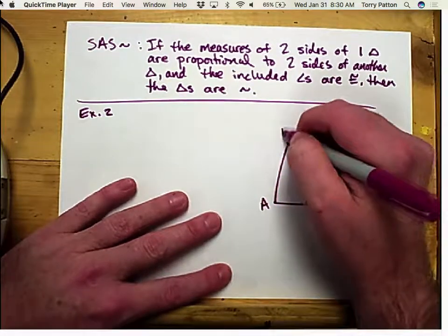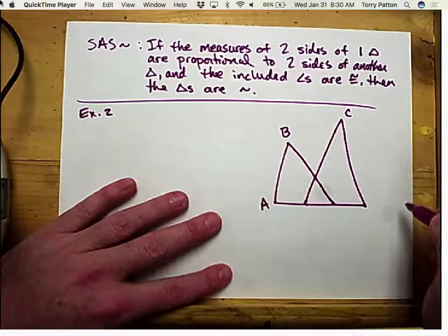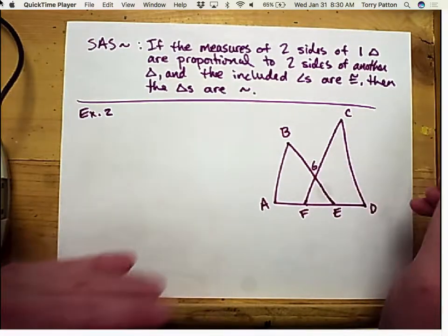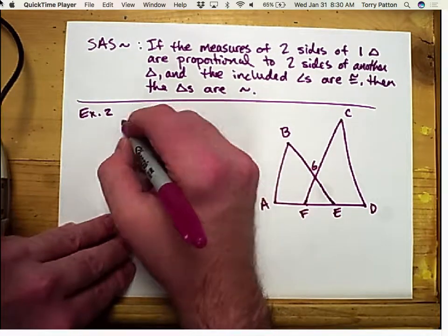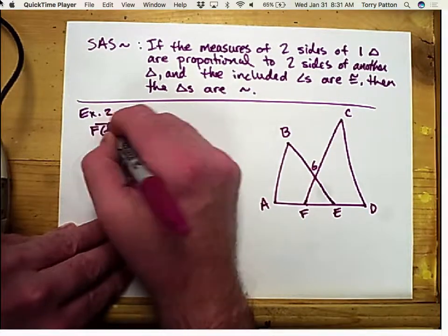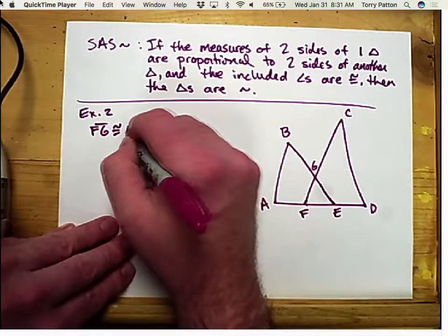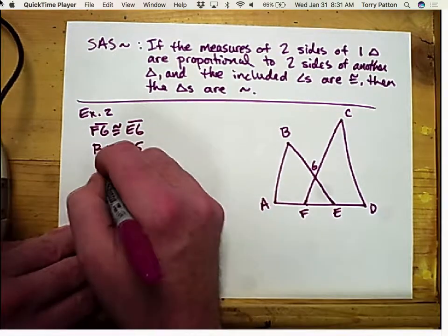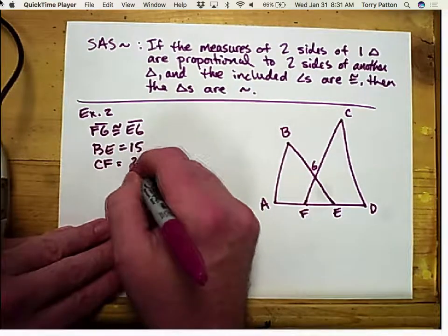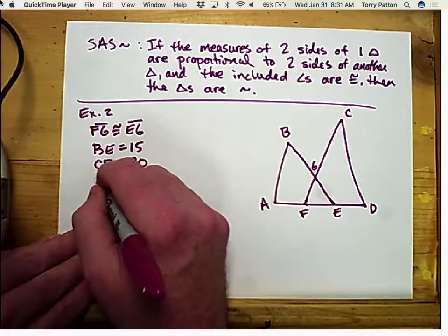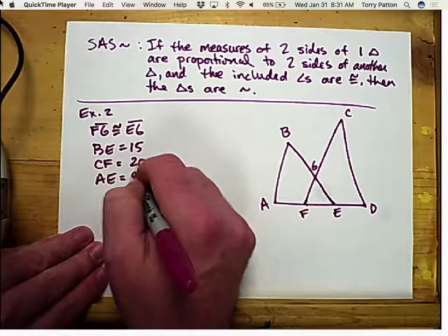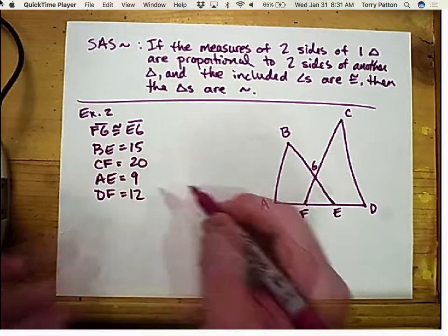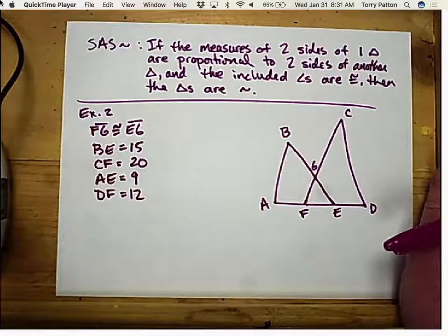So we got A, B, C, D, E, F, G. Okay, so we are told that FG is congruent to EG, that BE is 15, that CF is 20, that AE is 9, and that DF is 12. It says determine which, if any, triangles are similar.